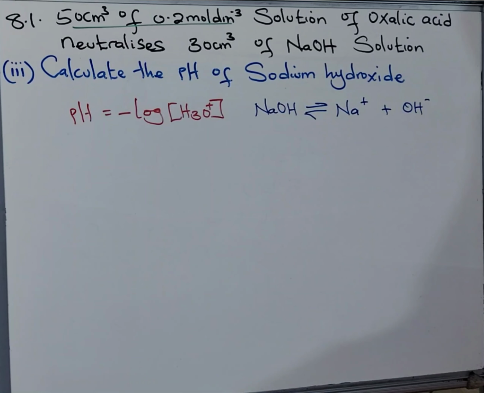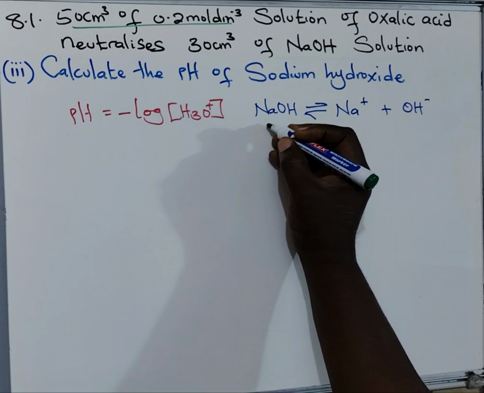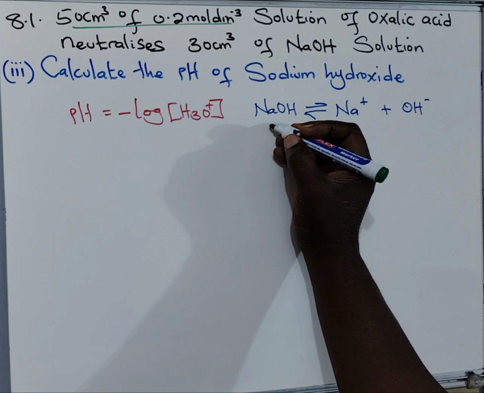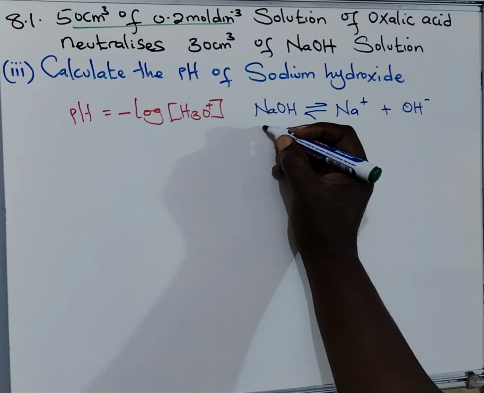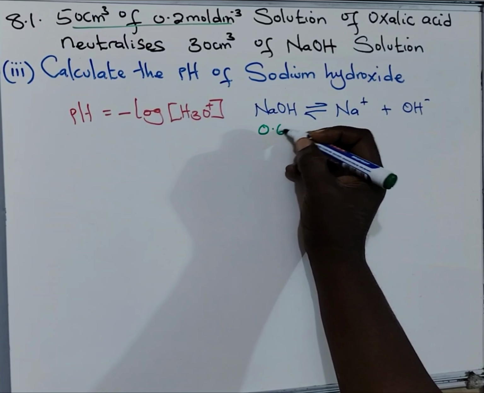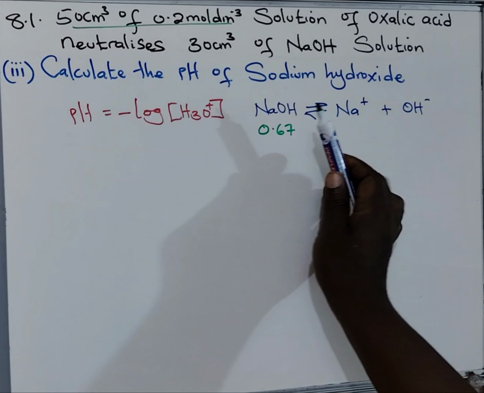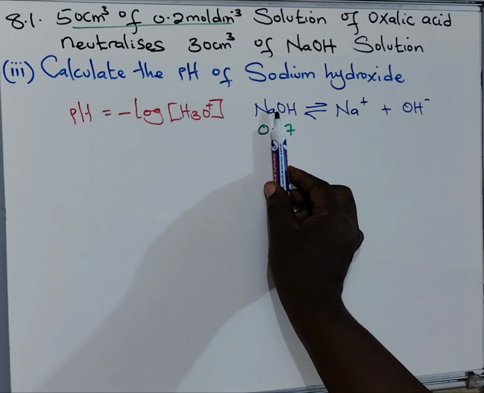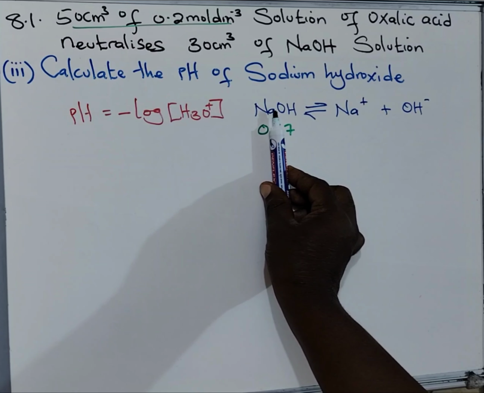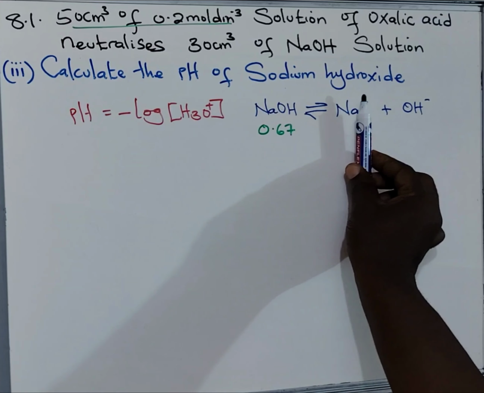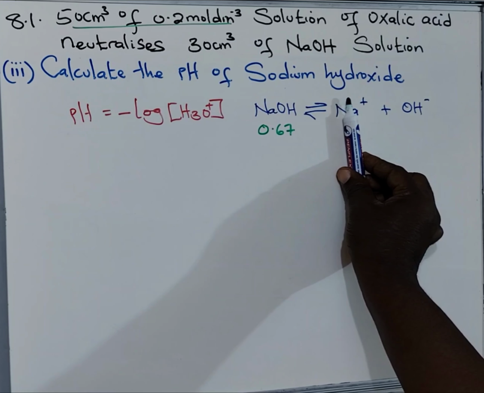Okay, with this, what do we do? This is what you have to remember, that we just calculated the concentration of sodium hydroxide, which was 0.67 moles per cubic decimeter. Remember, on ionization, 1 mole of sodium hydroxide releases 1 mole of sodium ions.